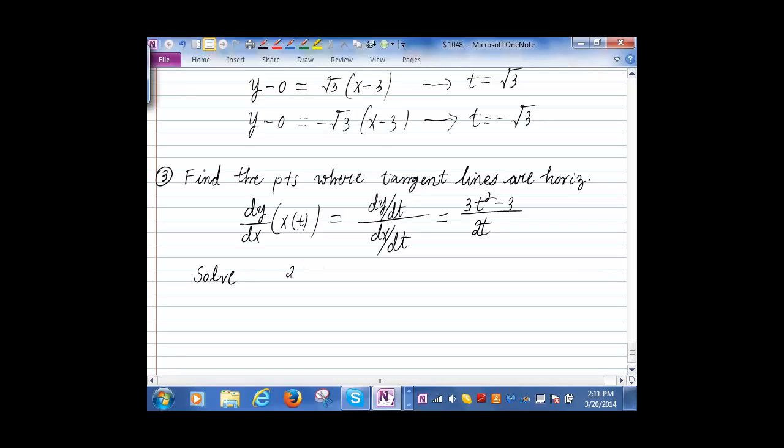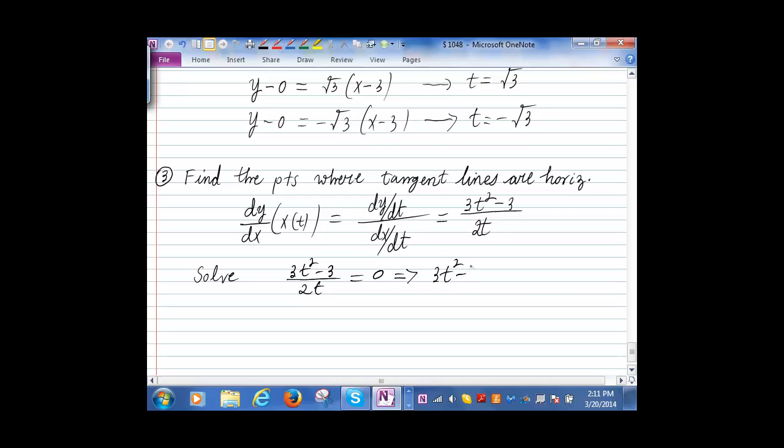That means you want to solve the derivative to be 0. So that means you want to find values of t for which the derivative is, oh, this is 3t squared minus 3 over 2t equals 0. If a fraction is 0, doesn't that mean that the numerator is 0?